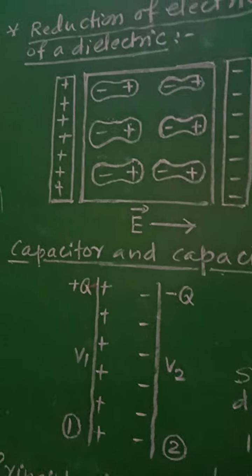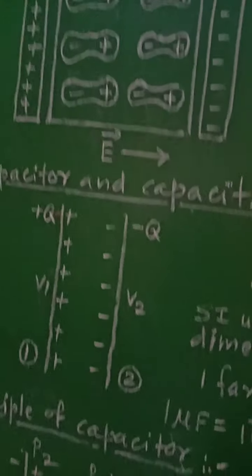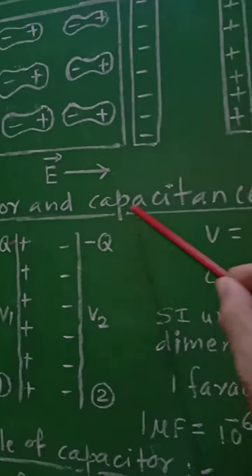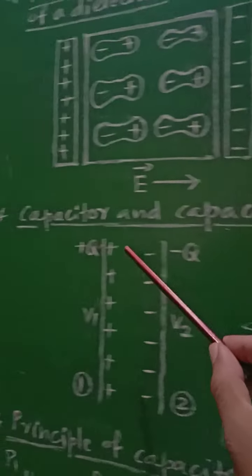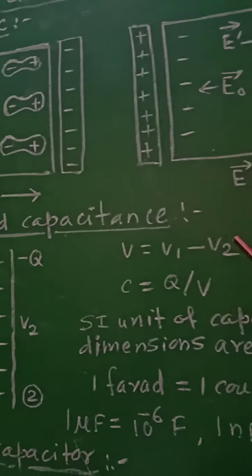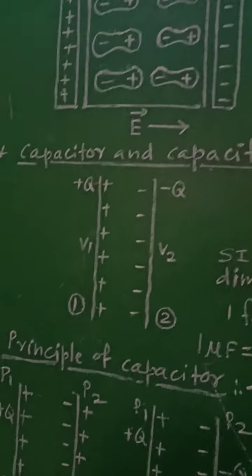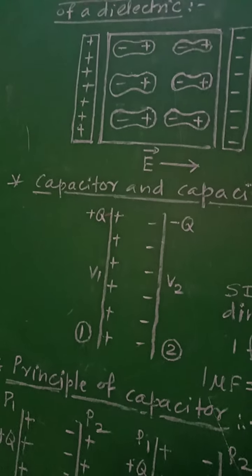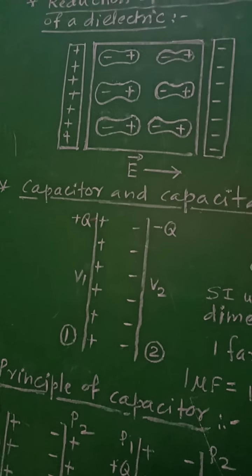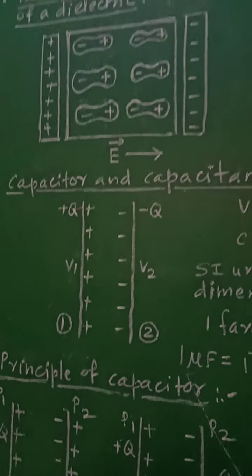Now let us consider the next point, that is the capacitor and the capacitance. What is a capacitor and what is its capacitance? In order to explain, first of all let us see what is the capacitor.